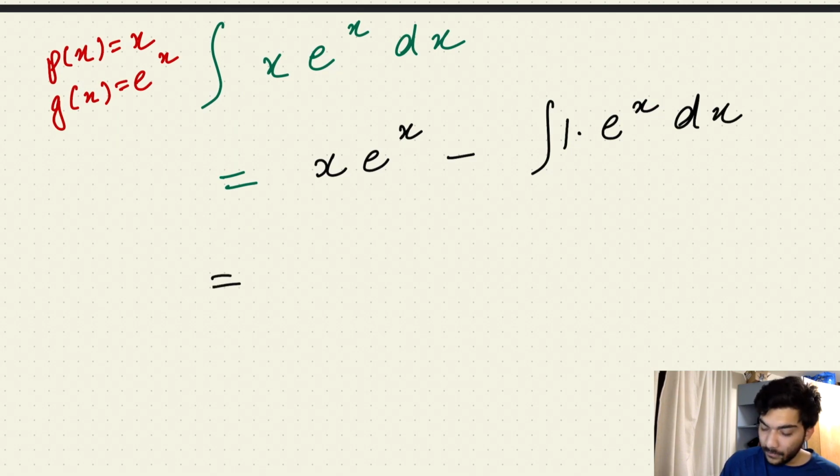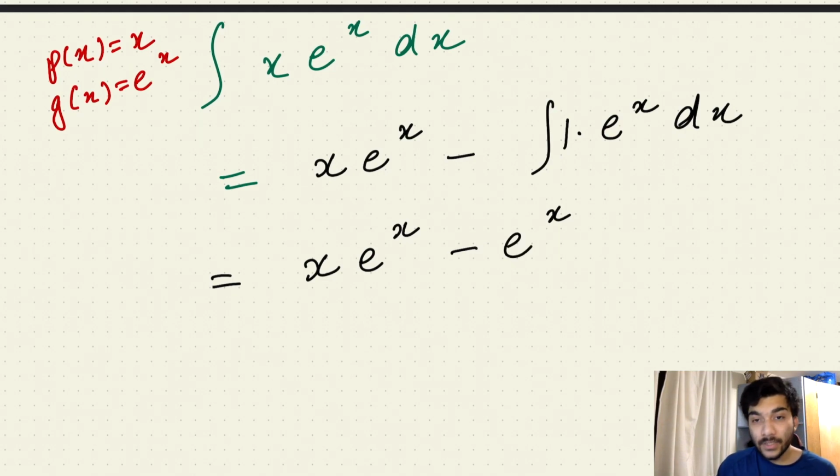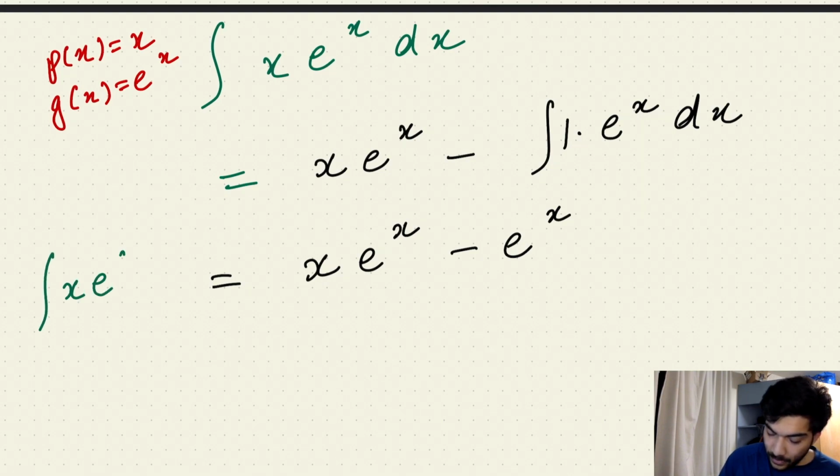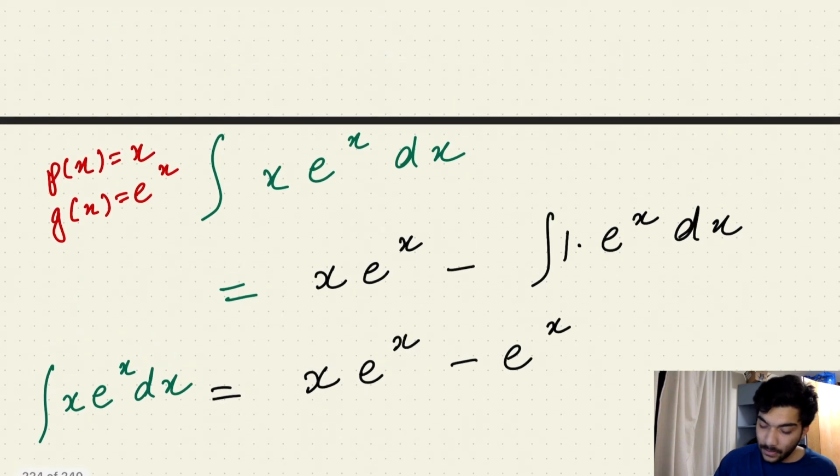So now when you have this, you'll have your final expression for this integral as x e to the power x minus e to the power x over here, right? We will adjust the constant of integration at the very end when we have the full integral expression over here, right?